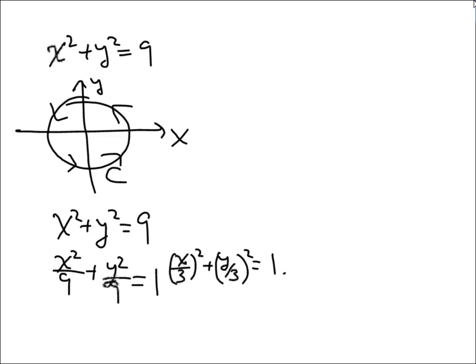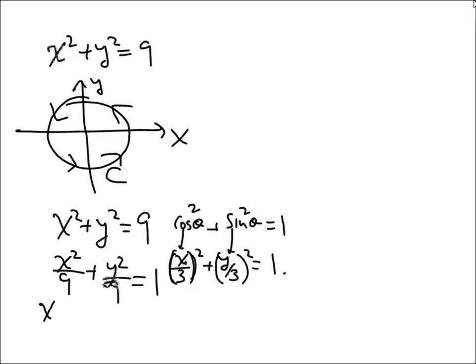Well, I would like for that to be cosine theta, because if I let the other be sine theta, when I square them and add, I get 1. So what's inside the brackets, I would like it to be cosine theta.